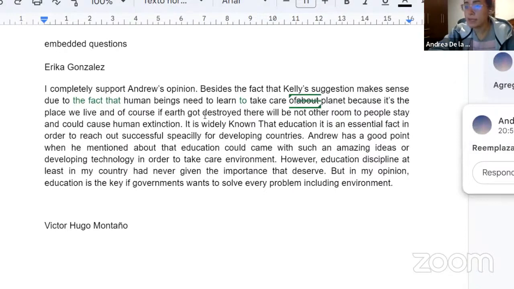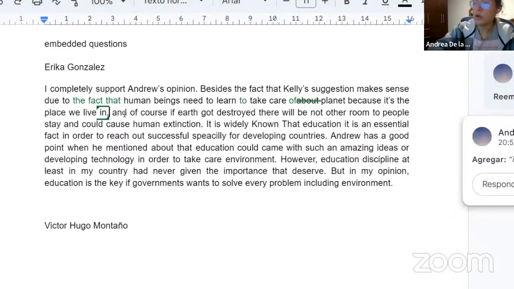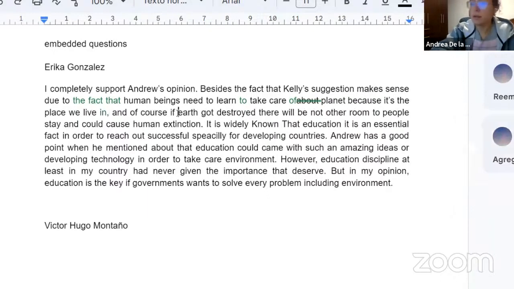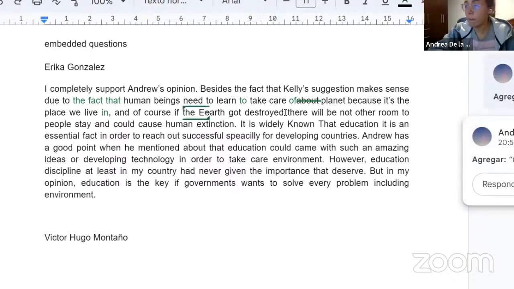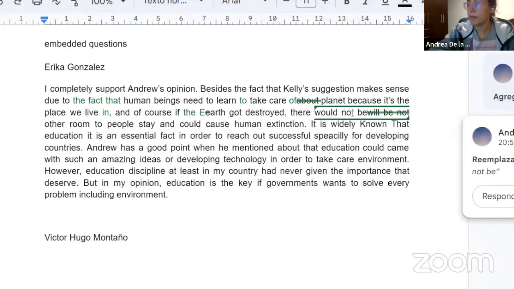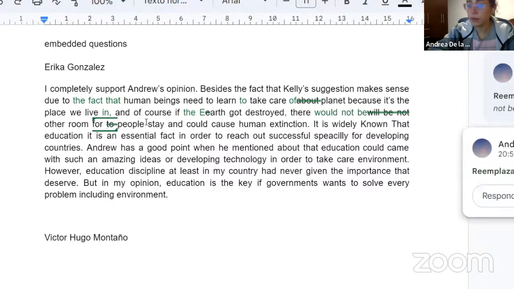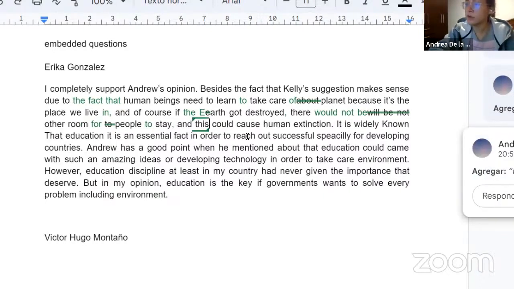Because it's the place we live in, and of course, if the earth got destroyed, there would not be other room for people to stay. Okay, and this, don't forget your subject, could cause human extinction.